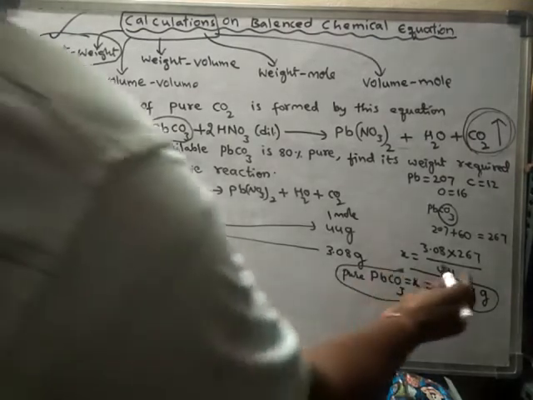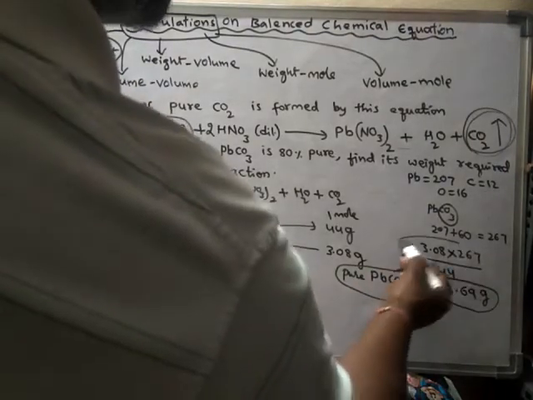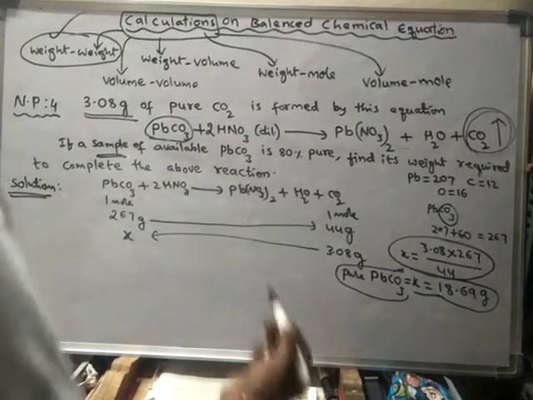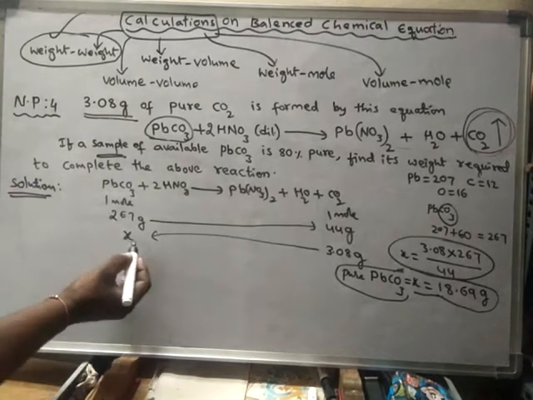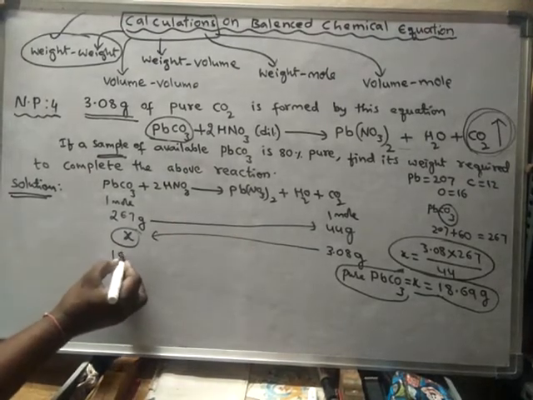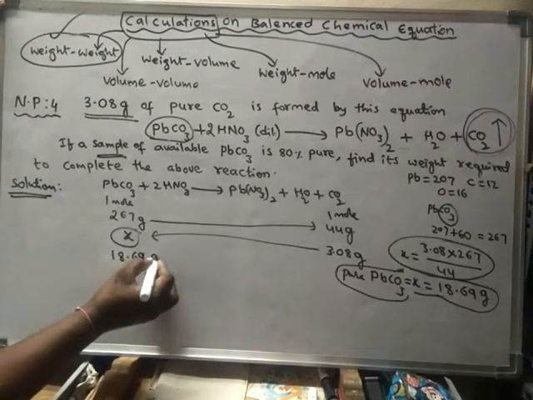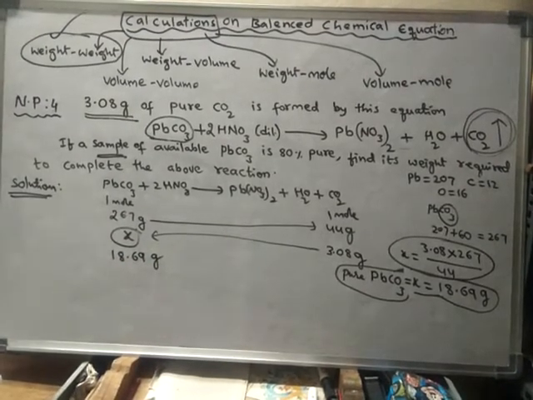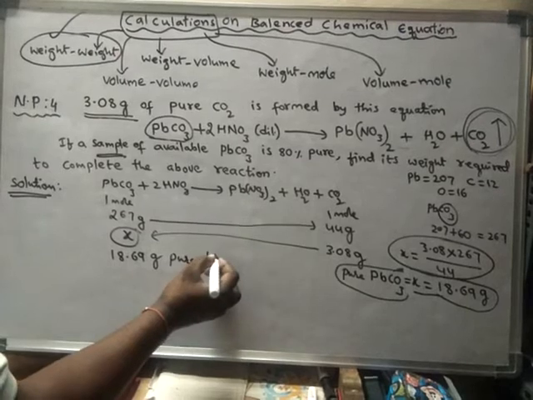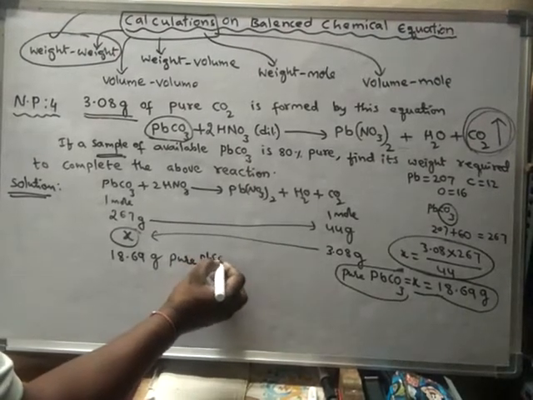This can be known by solving this relationship. So finally, 18.69 grams of pure lead carbonate is present. Okay, so it is pure lead carbonate.